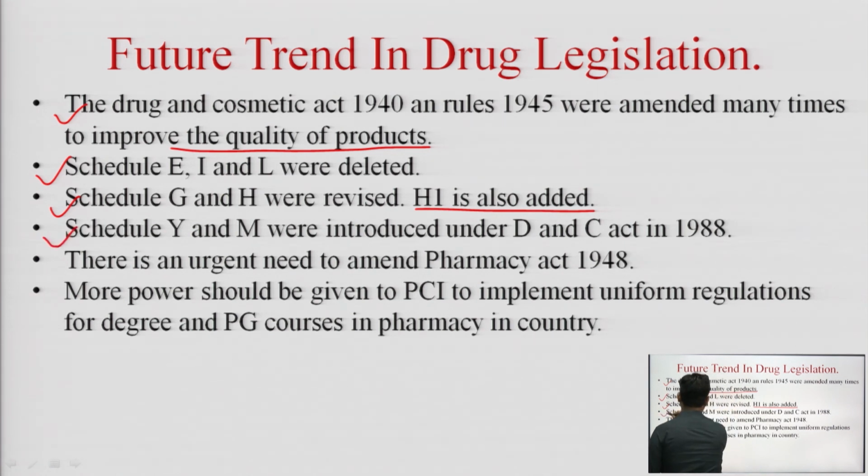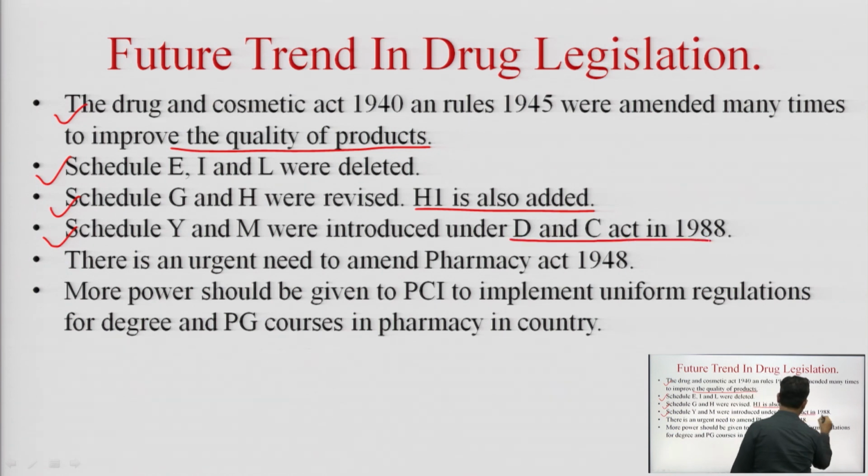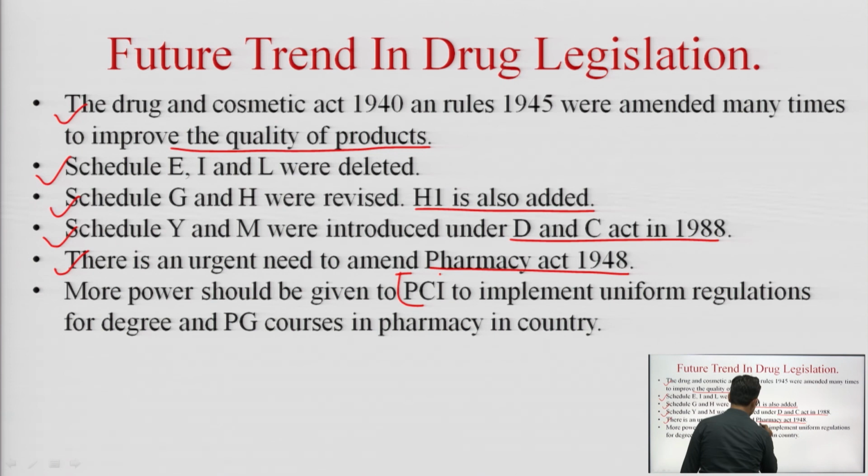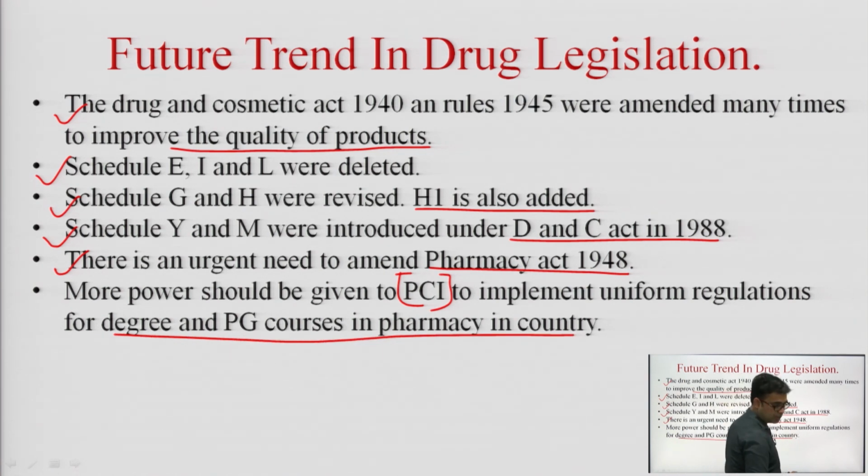Schedule Y, Schedule M were introduced under D&C Act 1988. There is an urgent need of amendment in Pharmacy Act 1948. This is also future trends. Moreover, more power should be given to Pharmacy Council of India to implement uniform regulations for degree and PG courses in pharmacy in country. Okay, so these are the requirements.